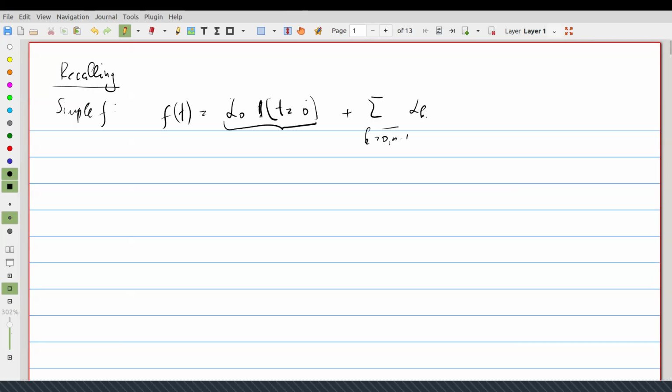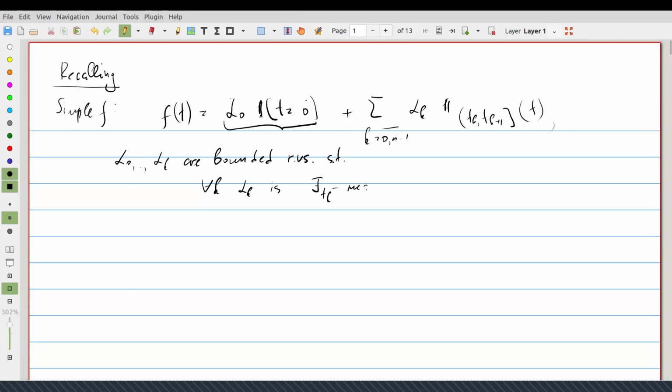And here alpha k times the indicator of (t_k, t_{k+1}] for some fixed non-random times t_k. And here we said that alpha 0, alpha k are bounded random variables, such that for every k, alpha k is F_{t_k}-measurable.